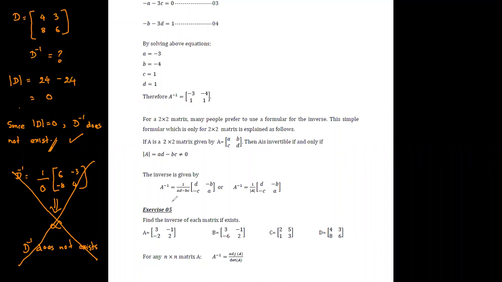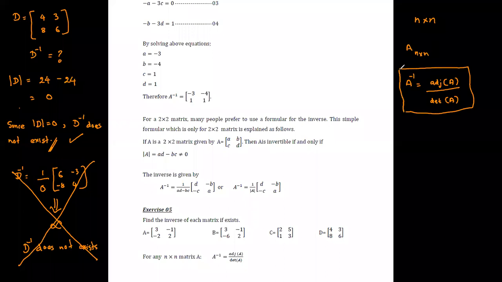And for any other higher order, that is, for any other n by n square matrix, suppose that A is an n by n matrix, then A inverse can be obtained as the adjoint of the matrix divided by the determinant of the given matrix.